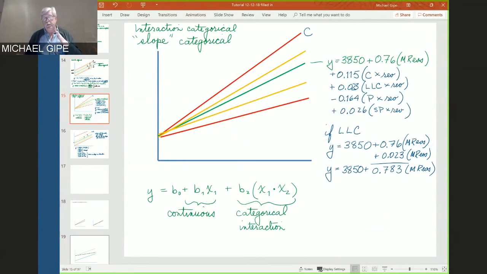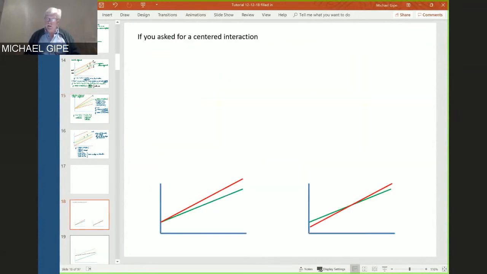We change the slope, but when you center them, the rotation of the regression line is in the middle of the regression line as opposed to starting at the y-axis. So this one would be not centered, and this would be centered.